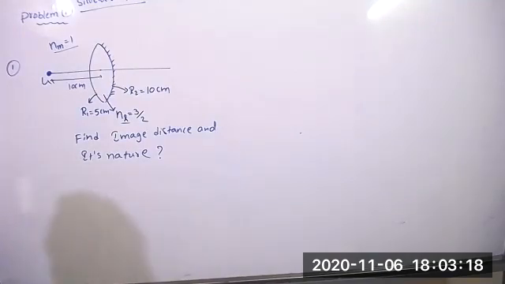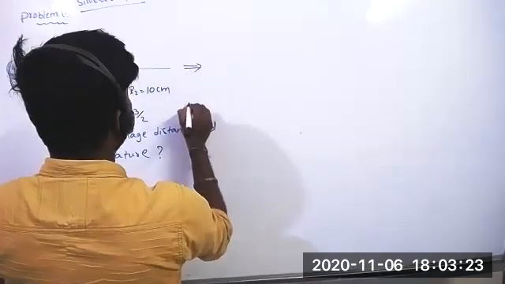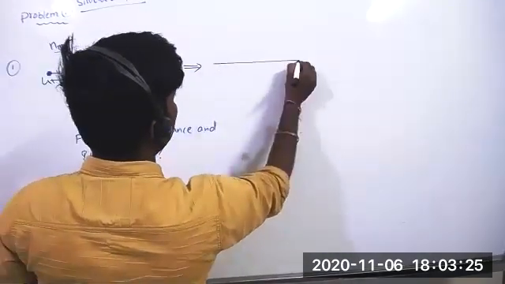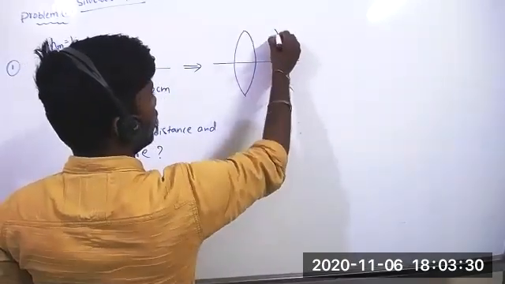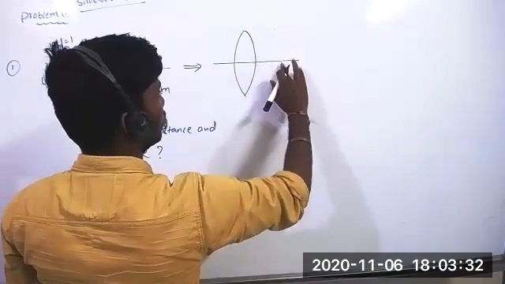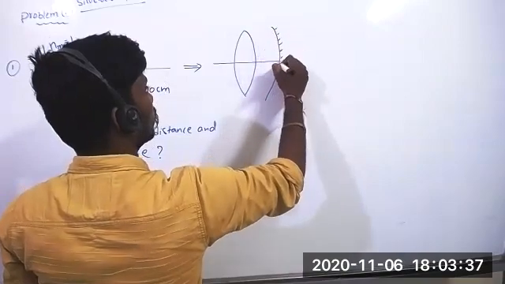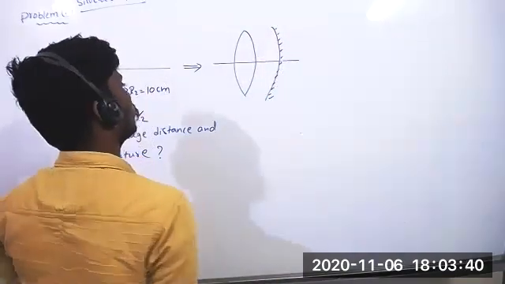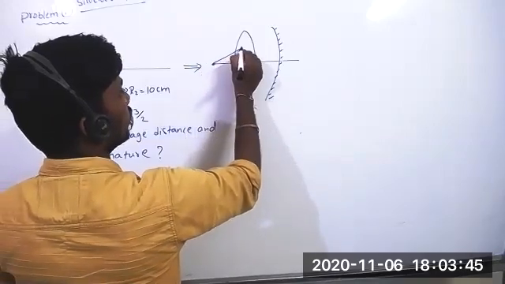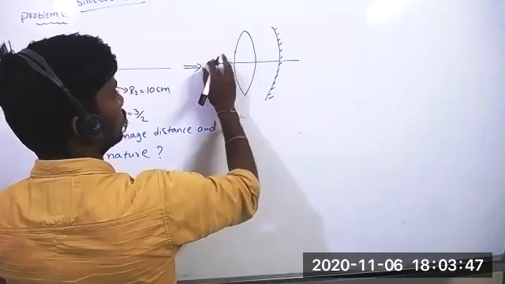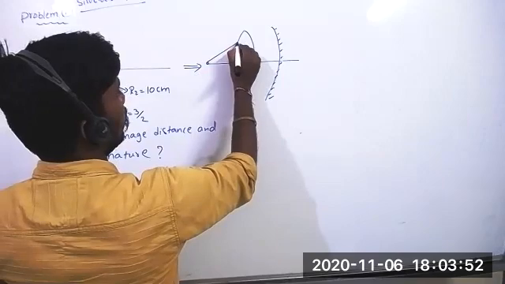So how to solve this? First we have to resolve this. When we are resolving, see properly. It is a lens and one concave mirror. The light ray passes from the lens, from the object.